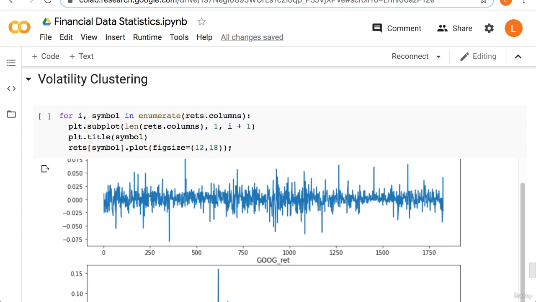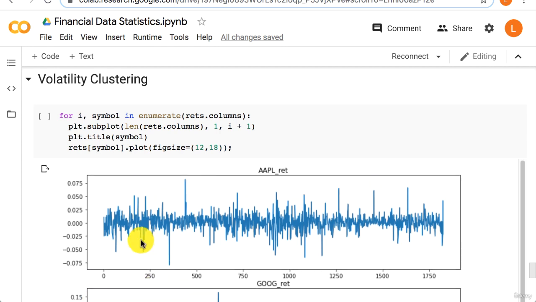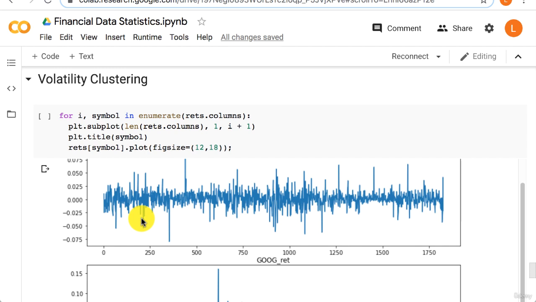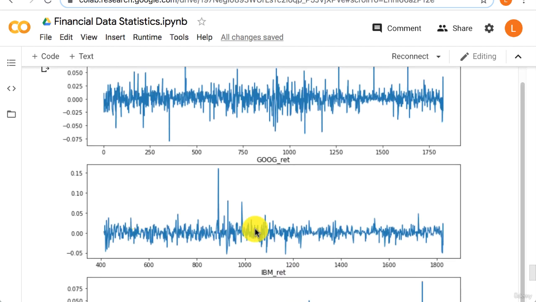Alright, so what do we see? Well, we can observe volatility clustering. If we look at Apple, we see some high volatility here, maybe over here, over here. Looking at Google, here's some high volatility. Here's an area of low volatility.